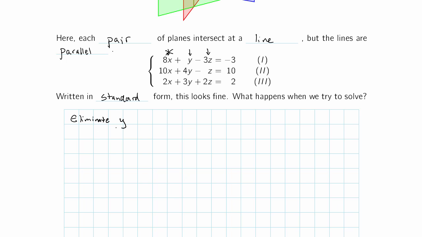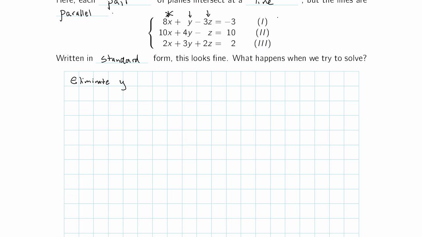I could equally well have chosen z, but I'm just going to choose y this time. So let's see. I'm going to start by combining 1 and 2. And it looks like if I take -4 times 1 plus 2, that'll eliminate my y term.